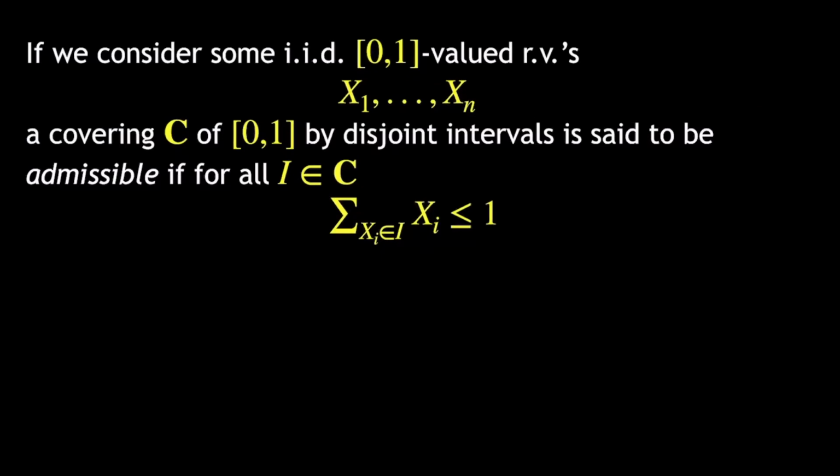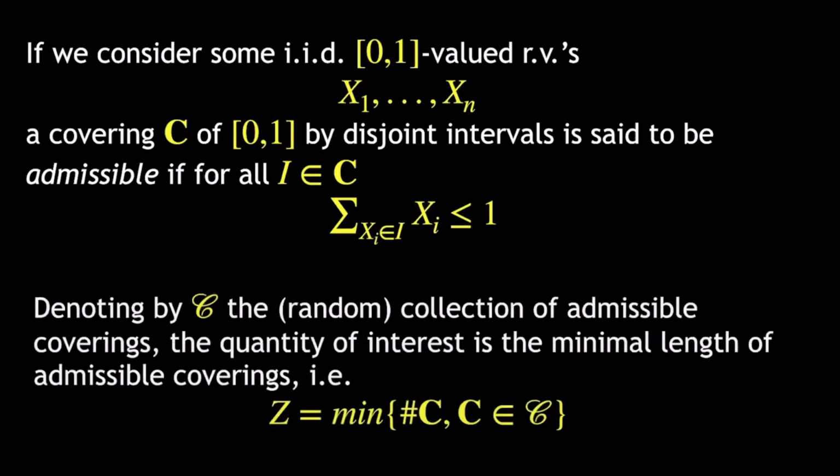And this budget is simply that you want to warrant that the sum of the variables here is less than 1. So this means that you have a collection of coverings which is admissible. That is, you are respecting this constraint here.